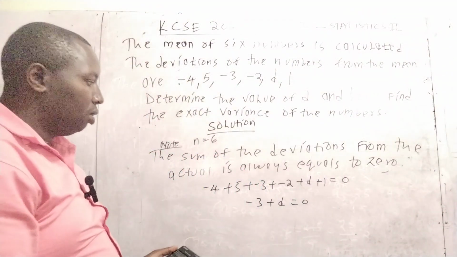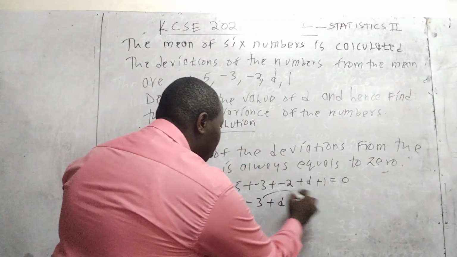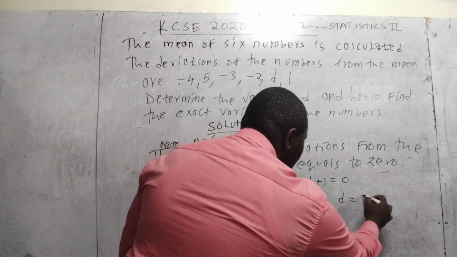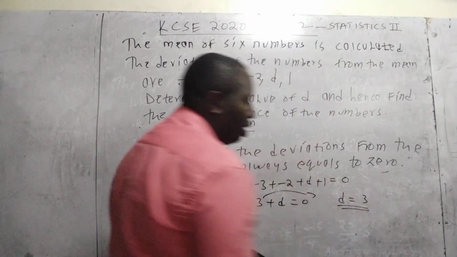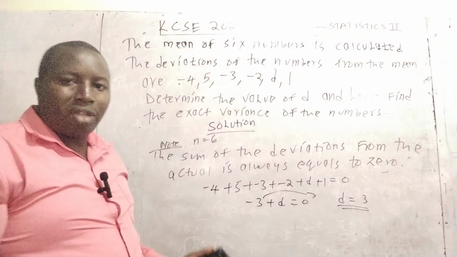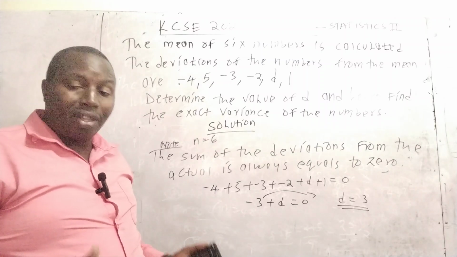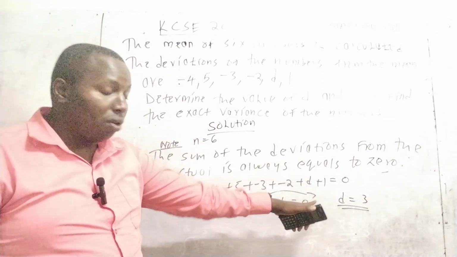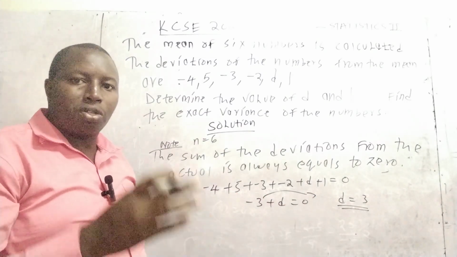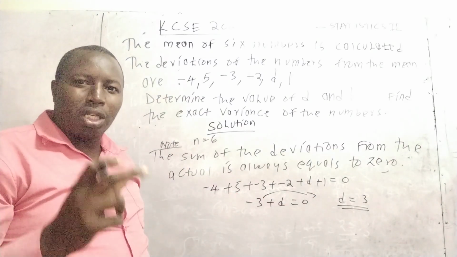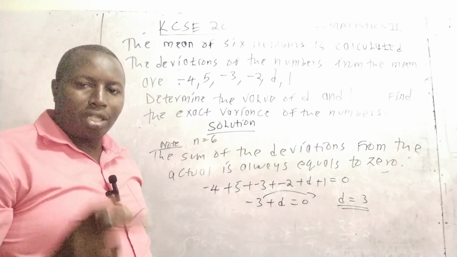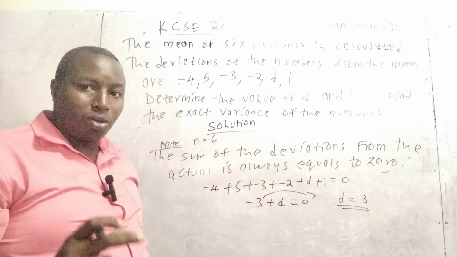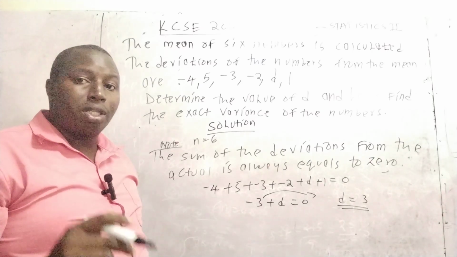So you take -3 to the other side, and D in this case becomes 3. And there you get a mark. So that is how to calculate the value of D. The sum of the deviations from the actual mean is always equal to 0.